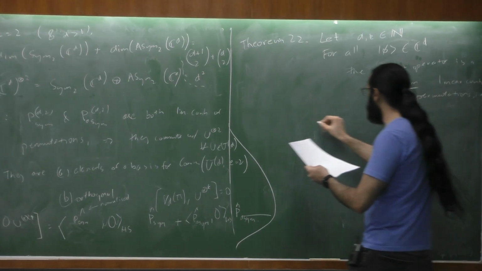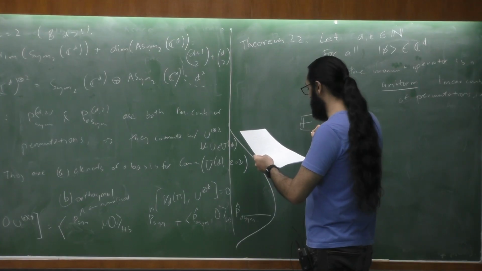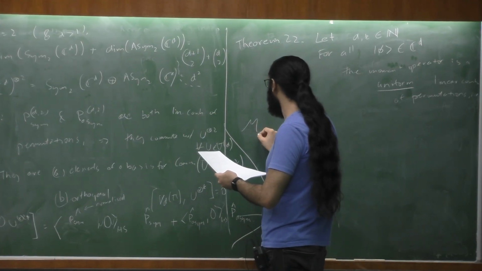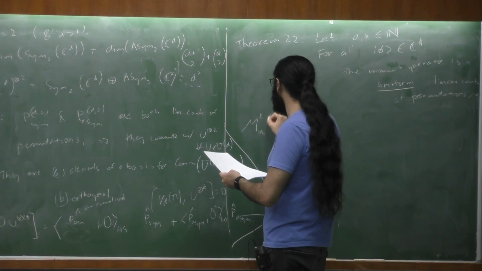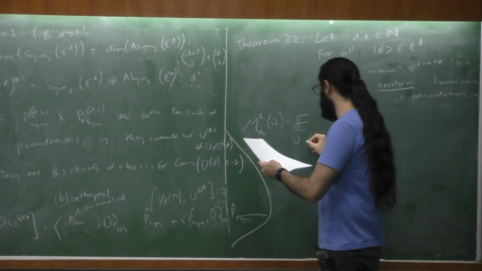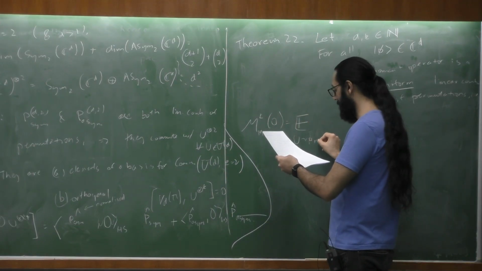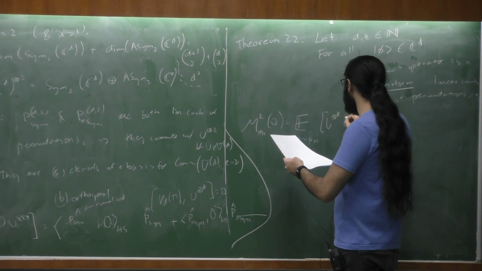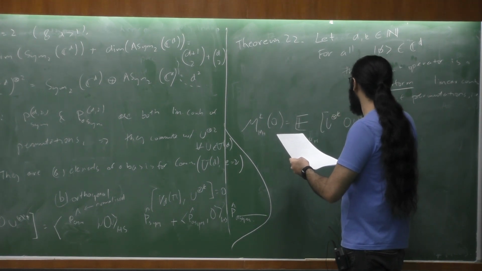What does that mean? It means you take the moment operator, which, remember, was the definition: if you have some observable, you take U from the Haar measure and apply k copies of the unitary on this object, and then dagger.